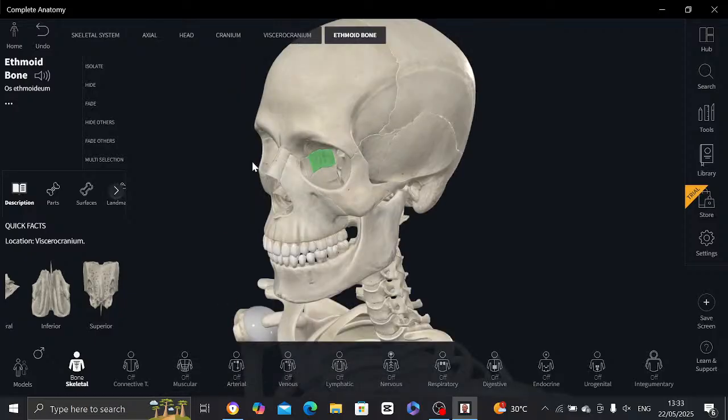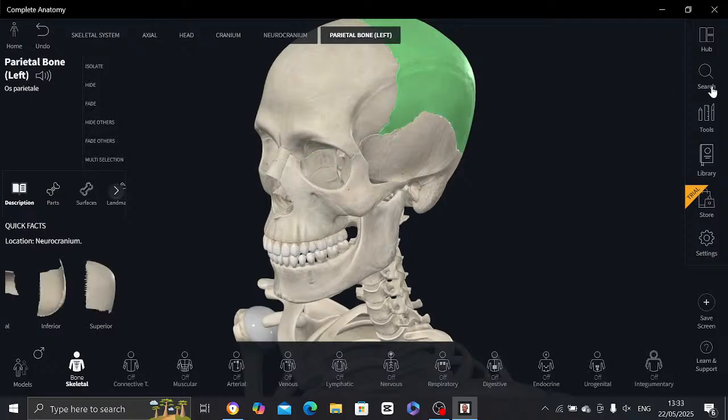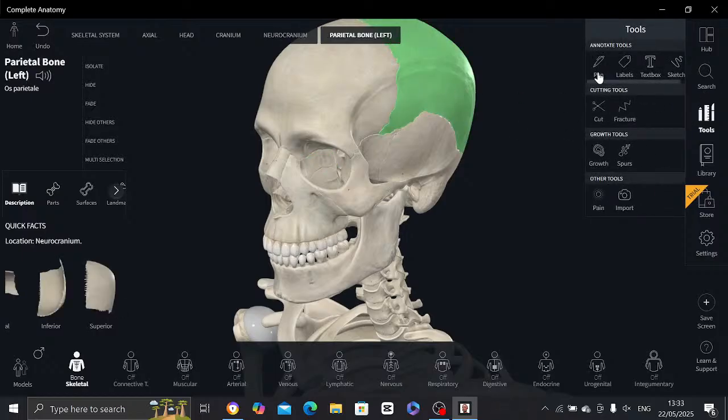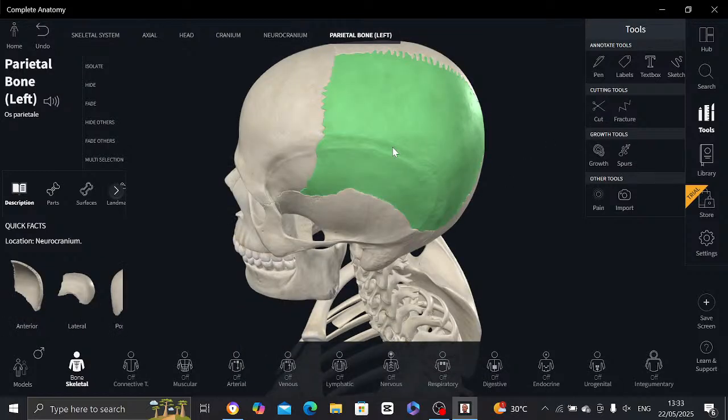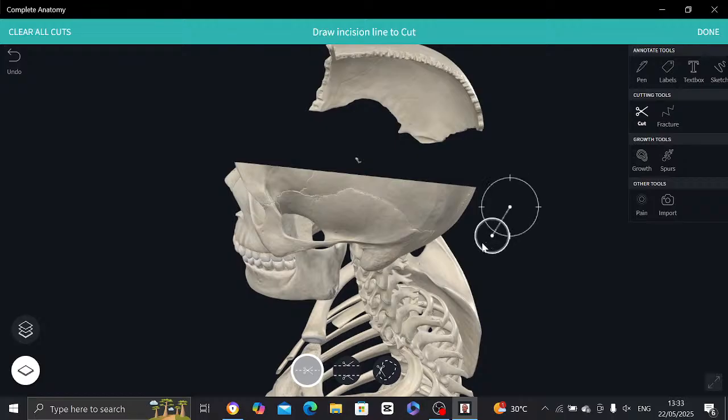Now later we are going to dissect, or let me try to dissect some of these neurocranium bones so that we can see through.